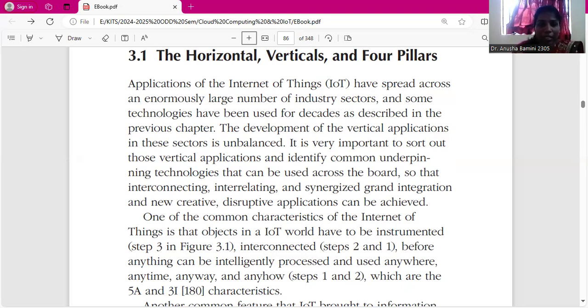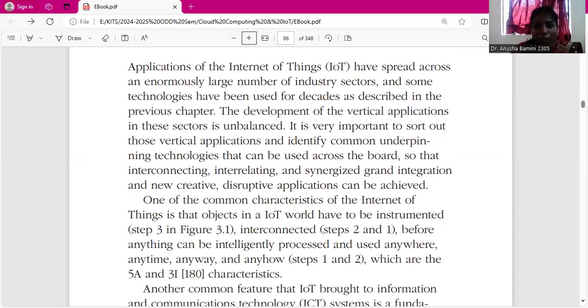It may be a small sensor-oriented device. Every small object working with the support of IoT devices comes under the object of IoT. These IoT objects must be instrumented and interconnected before doing any intelligent processing.